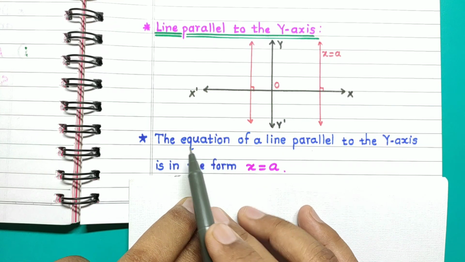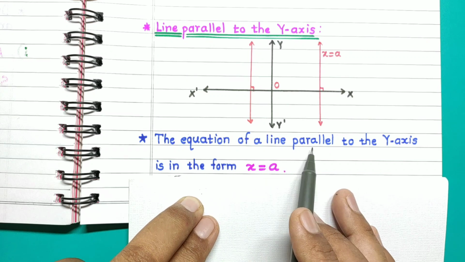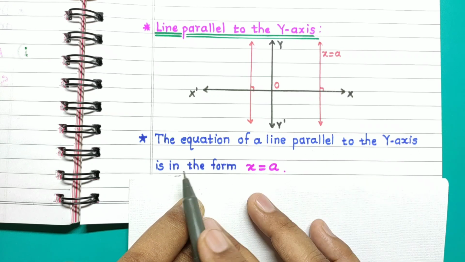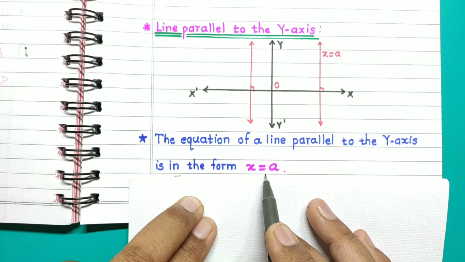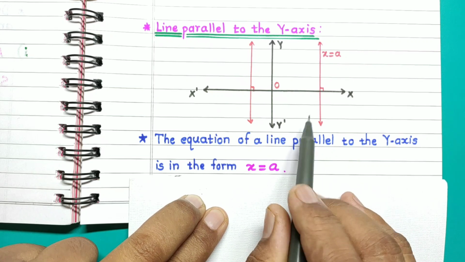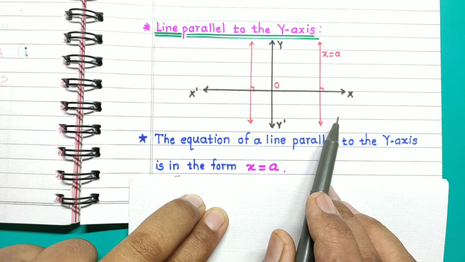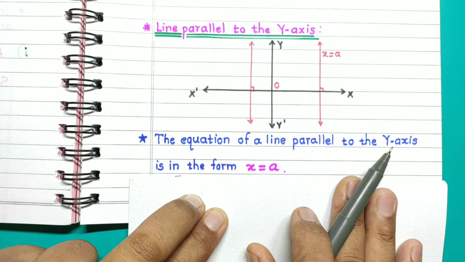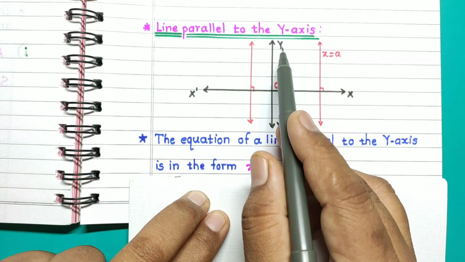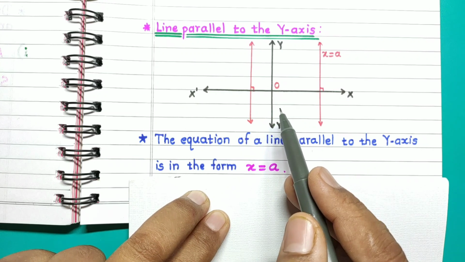So in general, we say that the equation of a line parallel to the y-axis is in the form x is equal to a. See, this is a line parallel to the y-axis and its equation is in the form x is equal to a. See, the y-axis is parallel to itself.